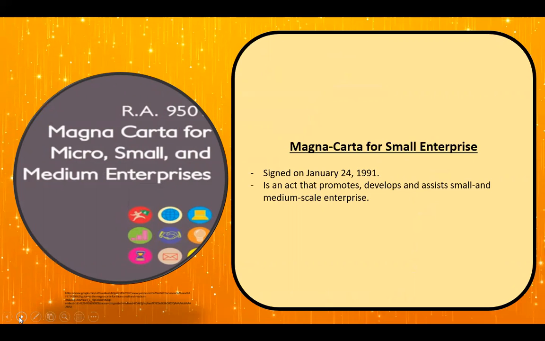It was passed in light of the substantial contribution of small and medium-scale enterprise to the national economy. So the aim is to promote and assist such enterprise through the assistance of the various agencies. This provides the mandatory allocation of credit resources to small enterprises and rationalization of government assistance programs and agencies concerned with the development of SMEs.